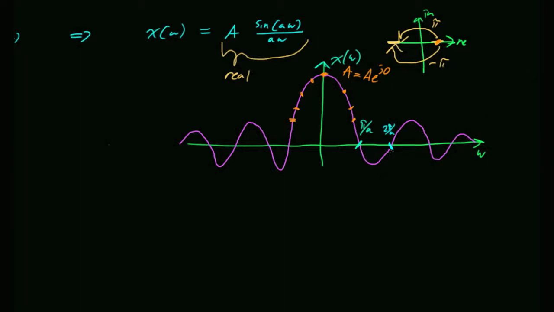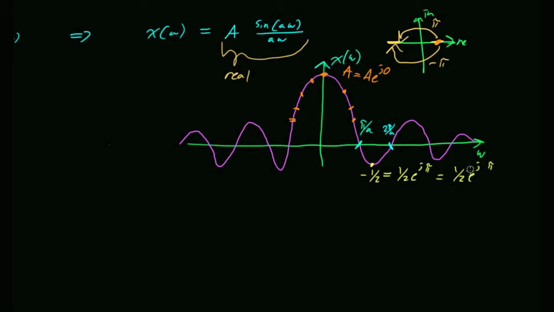Either one, it's the same thing. So for example, if this number was negative 1/2, well, negative 1/2 is really the same as 1/2 e to the j pi, or 1/2 e to the j minus pi. It's the same thing. Okay, so let's just say pi.